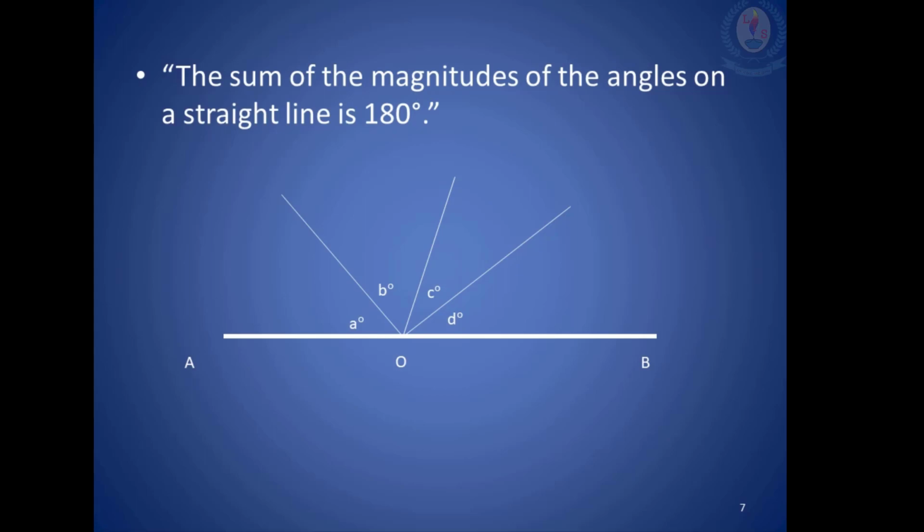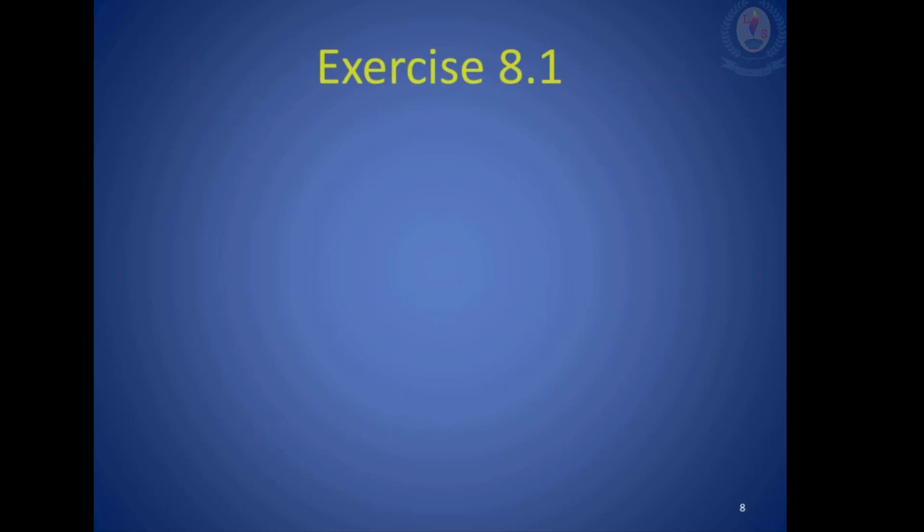In a situation such as this, we can say that the angles are on the straight line AB. So, it's clear that a plus b plus c plus d equals 180 degrees. Let's see exercise 8.1.